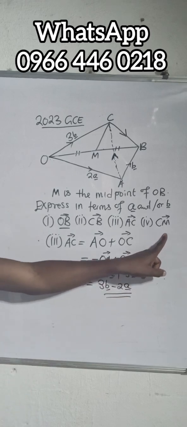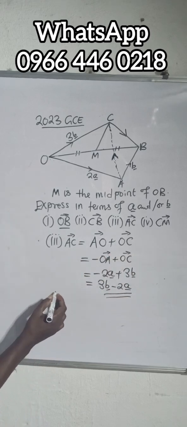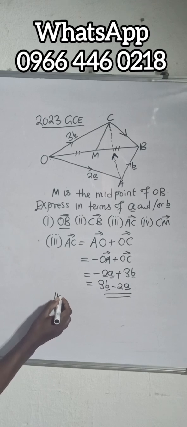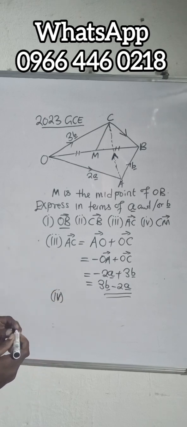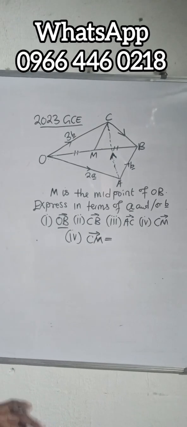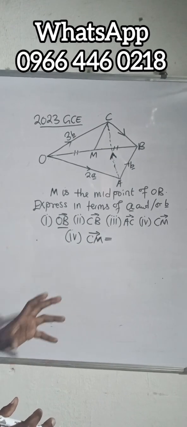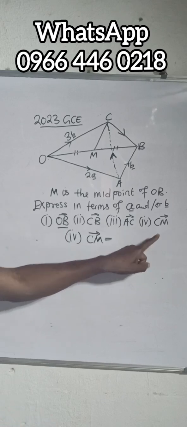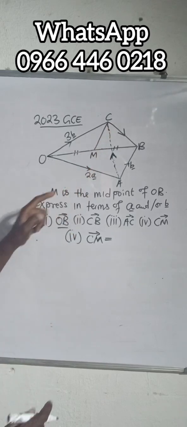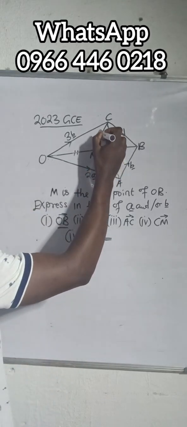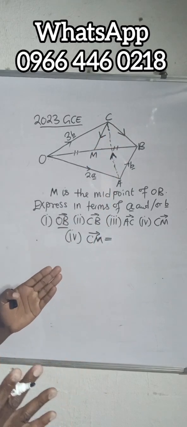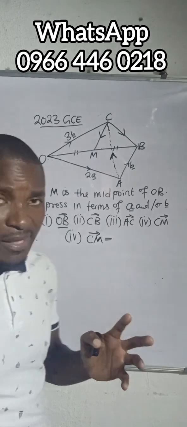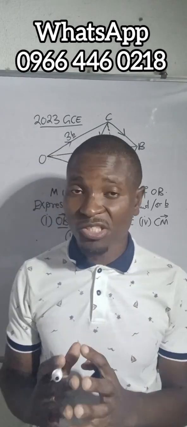Now the final one is CM. So how are we supposed to find CM, the last one? CM, so it's moving like this. Now remember always that the direction is very much important.